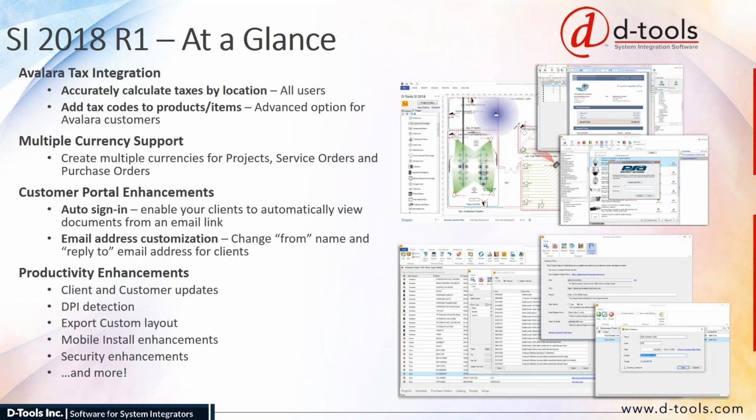Those areas are taxes and multiple currency support, and this really helps enable not just our international customers, but companies that are working across regions to deal with tax issues, and companies that are doing business in multiple countries, being able to manage the creation of proposals and documentation in multiple currencies.